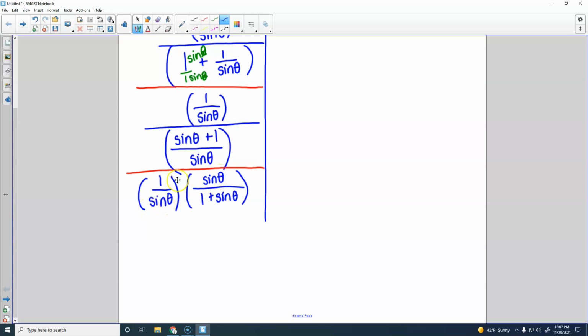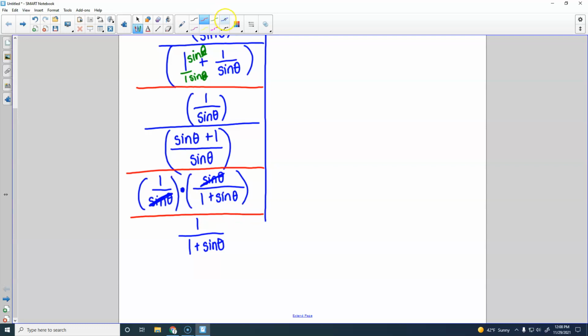I can. And the reason is because this stuff is multiplied together. In order to cancel, your factors have to be multiplied together. It can't be added or subtracted. So, I can cancel these, and that is going to give me a 1 in the numerator and a 1 plus sine theta in the denominator.